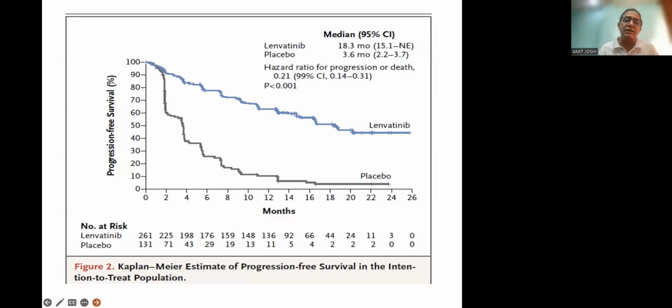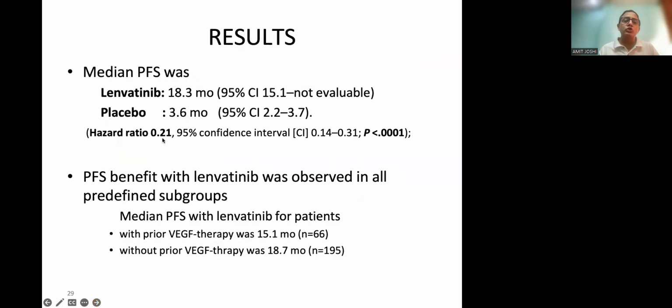So there is a clear-cut benefit of lenvatinib in progressive radioiodine refractory differentiated thyroid cancer. Not only de novo metastatic patients, but patients who received one prior line also had improved PFS. This means that lenvatinib was a more powerful inhibitor of these pathways. Even in patients who have received one line of TKI, the drug did well, with a PFS of 15.1 months.